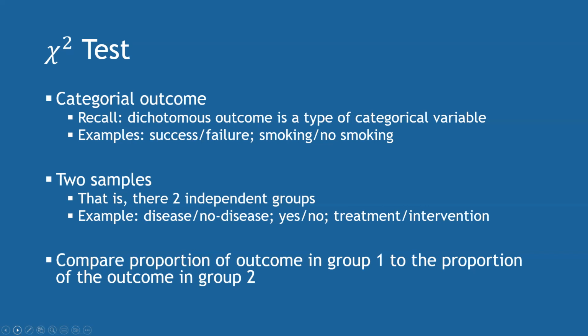So our first categorical variable comes from the outcome, and our second categorical variable comes from the group variable. That's how we're going to think of it in this class. So what we're going to essentially do with a chi-square test is be able to compare the proportion of those with the outcome in group 1 to the proportion of the outcome in group 2.